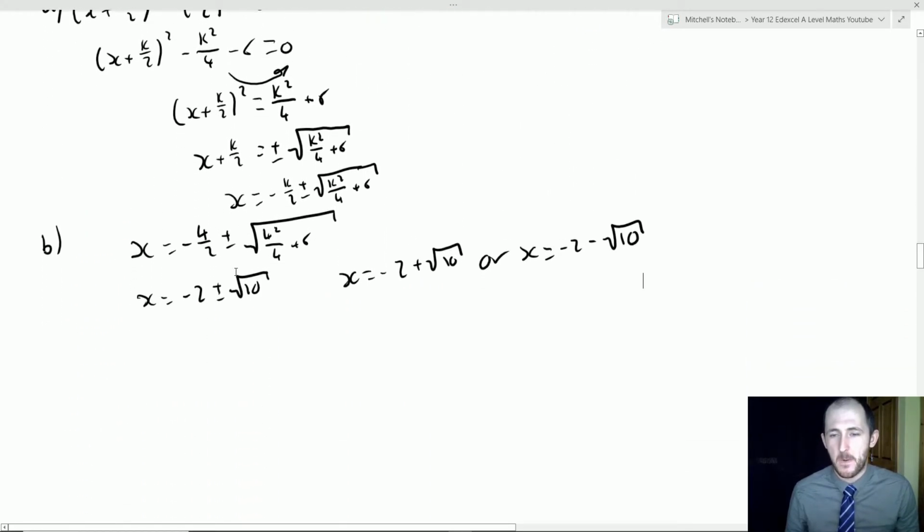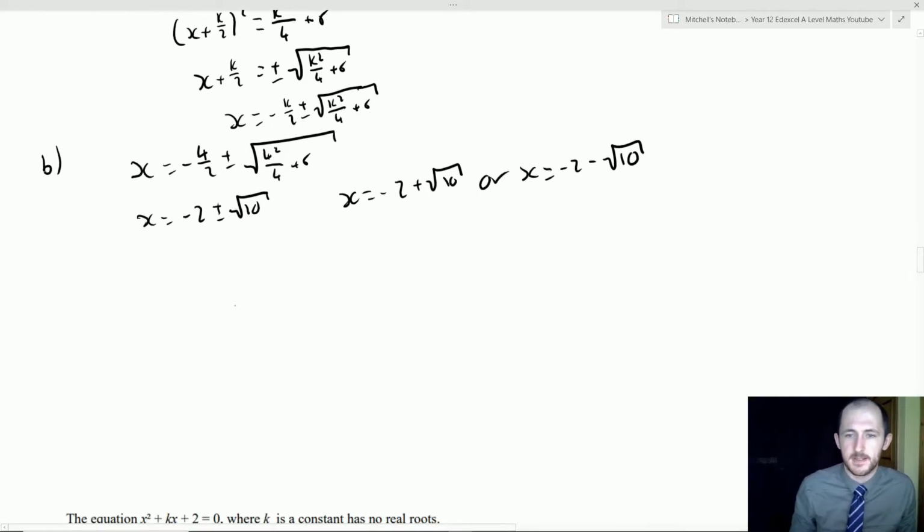So, what we need to do now is the discriminant. So what is the discriminant? That is a very good question.